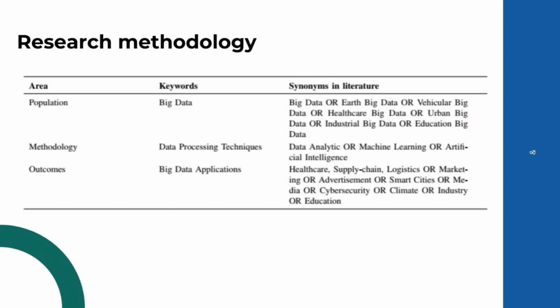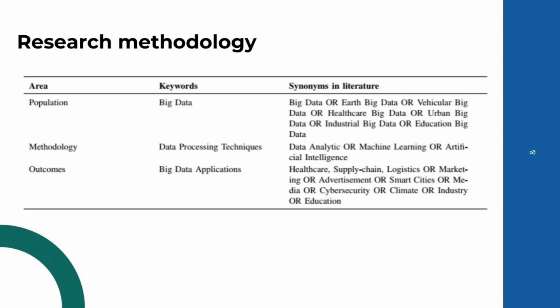And definitely, after deciding our population, our methodology, and our methods, we use some AND or NOT operators to combine these, and after that we search these on the internet, in the different libraries. So you can see on the screen how I converted my research questions into a particular string to get the relevant literature.